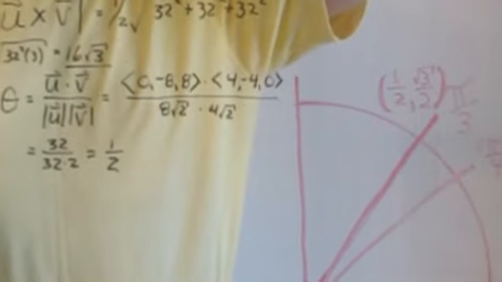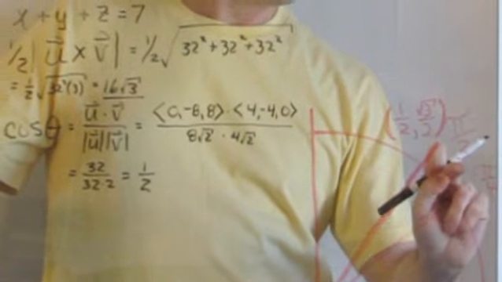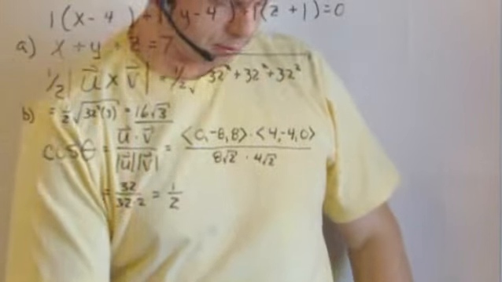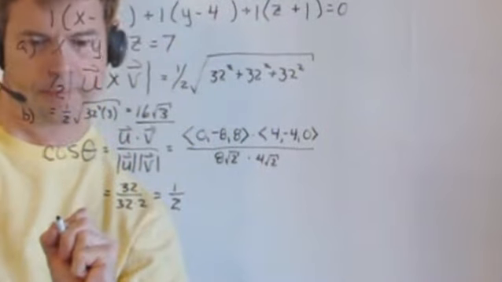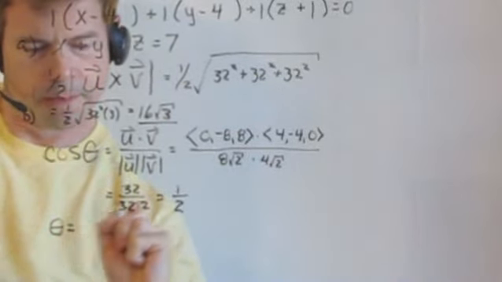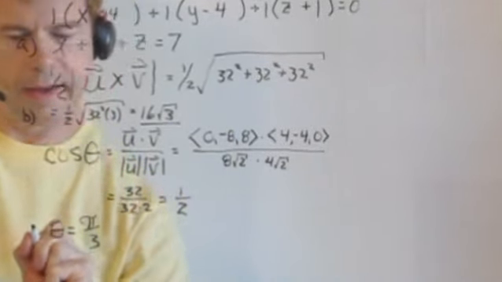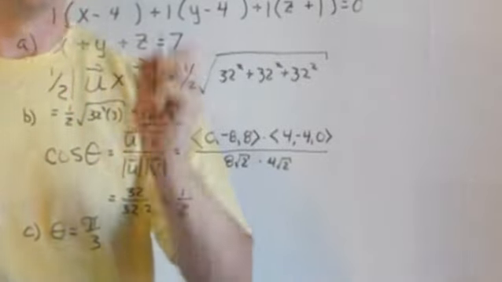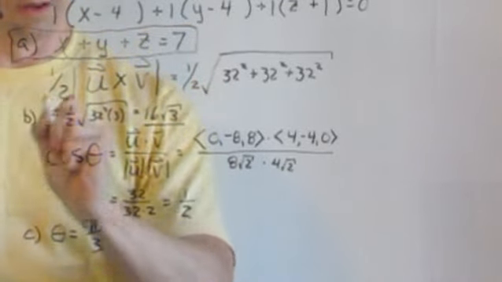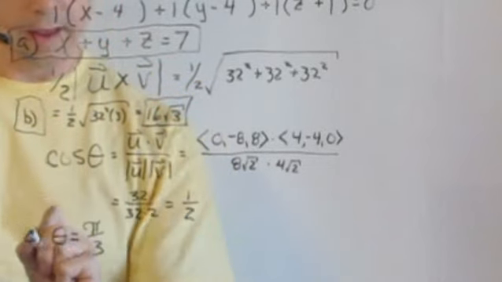So using our unit circle here, where cosine is 1/2, we're at pi over 3. So that gives us our theta equals pi over 3. And that's the answer to our C question. So that gives us our A, B is over here, and C.